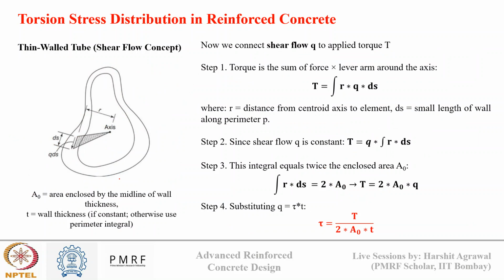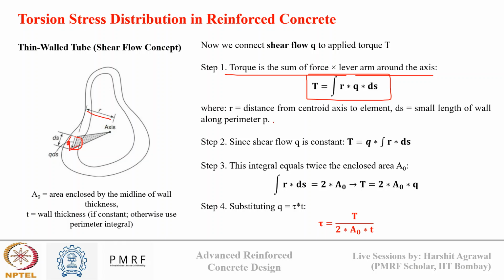Now to connect the shear flow with applied torque, we write this equation. Torque is the sum of force times the lever arm distance. So T is equal to the integral of r times q ds. ds is a small element, q is the force acting on the small element, and r is the distance from the center.